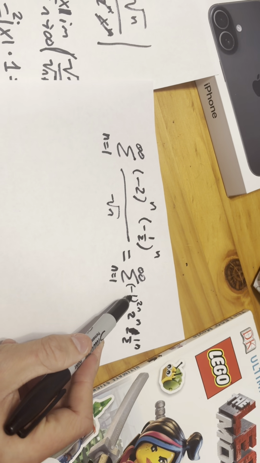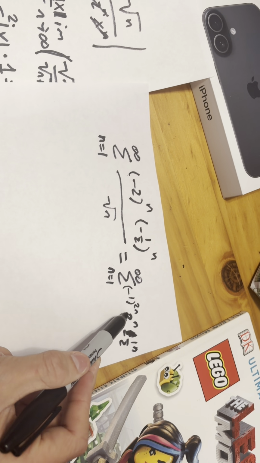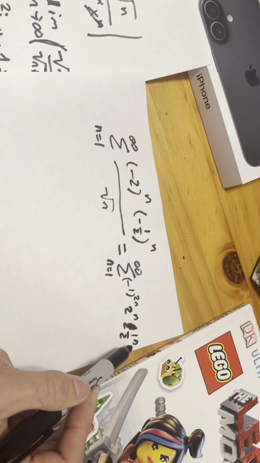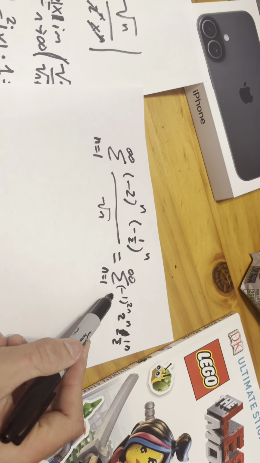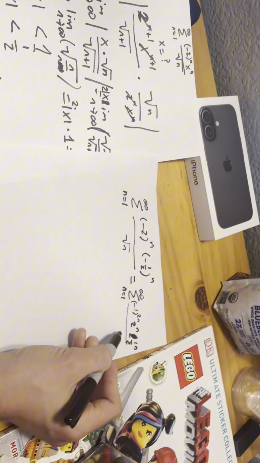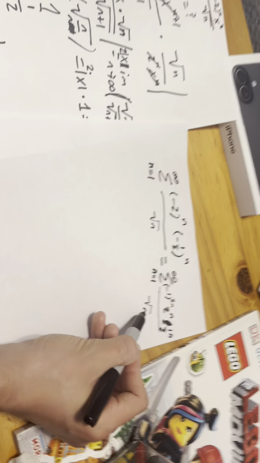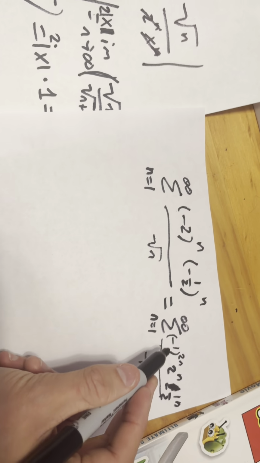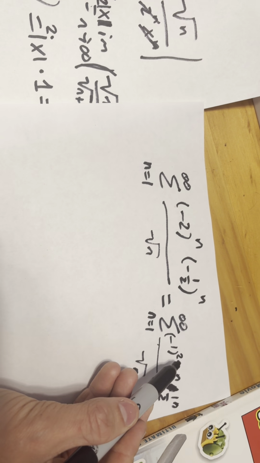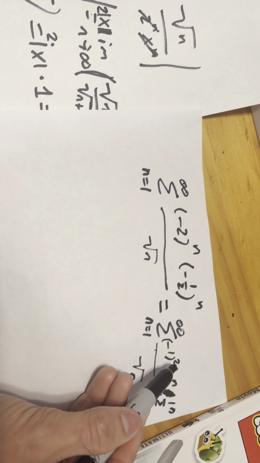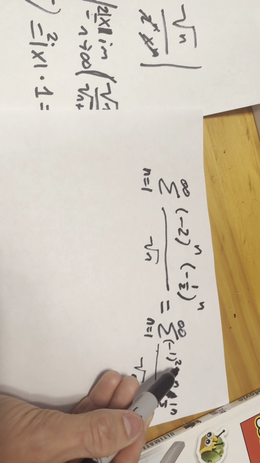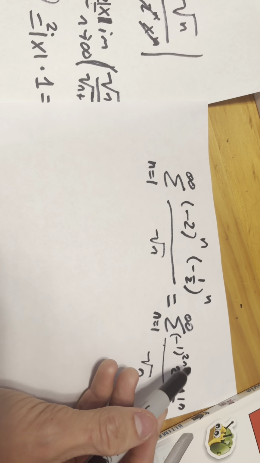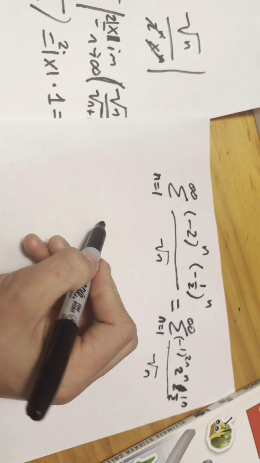That's a -1 to the 2n times 2 to the n times 1/2 to the n, all over square root n. And that is always going to be positive since it'll be 2n. Plug in n as 1, it'll be positive, and as 2, it'll be positive. It's always going to be positive 1.